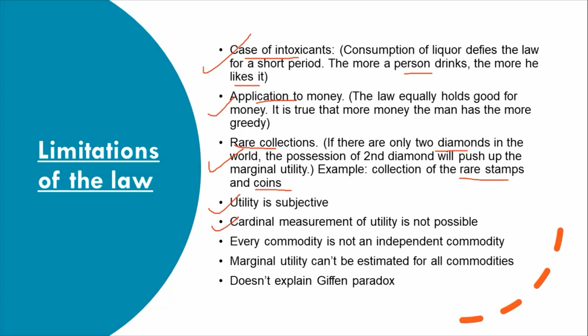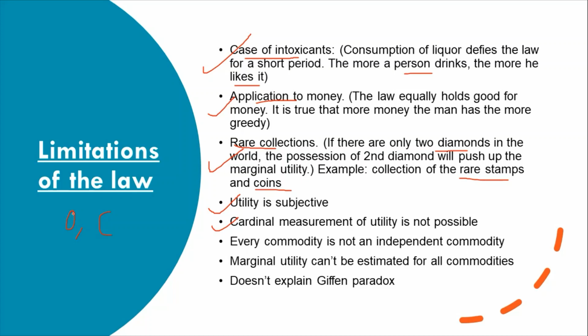Another limitation is that cardinal measurement of utility is not possible. There are two kinds of utility: ordinal and cardinal. Ordinal utility is one which can be ranked. You can rank the utility you derive from the first bottle of water, the second bottle, the third bottle, like 1, 2 and 3.